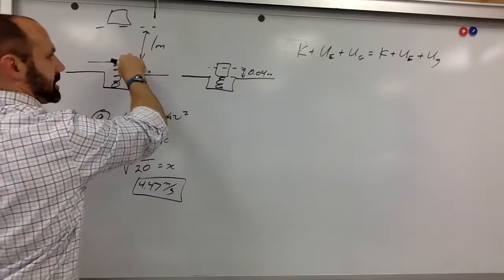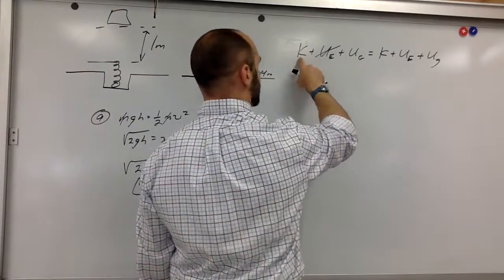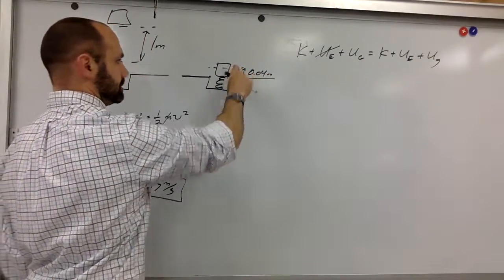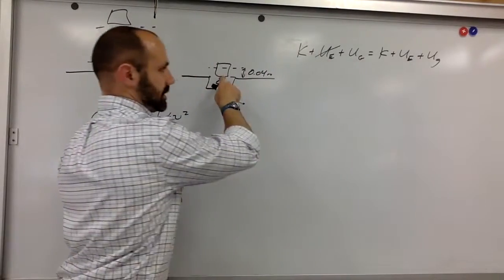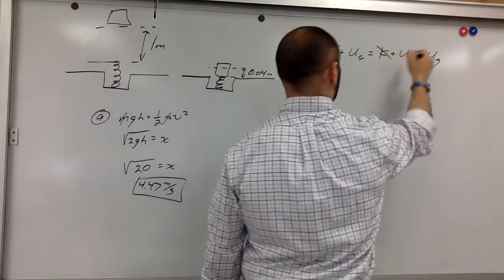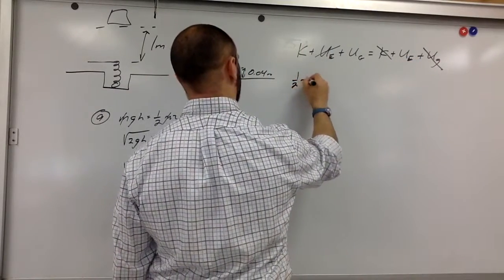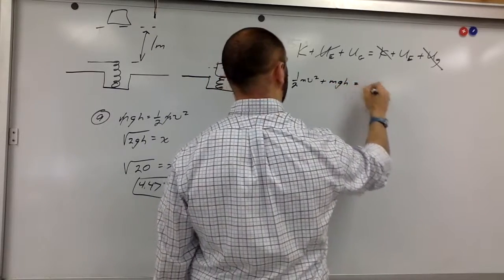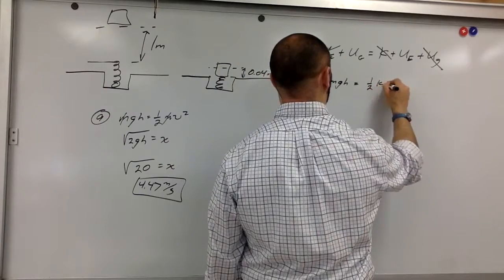When it just hits the top of the spring, it doesn't have any elastic potential energy, but it does have kinetic and some gravitational potential energy because it's still above a little bit, right there. Later on, when it comes to rest here, these are out, and I only have elastic potential energy. So I have 1/2 mv squared plus mgh equals, and then this is just 1/2 kx squared.